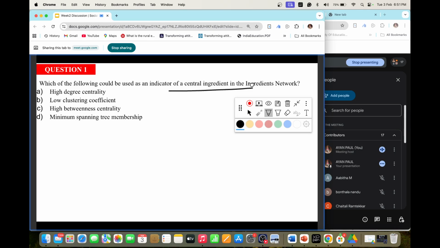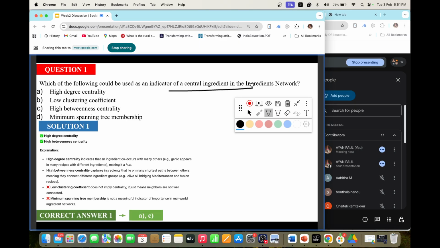High degree centrality will be there, and I think low clustering coefficient. Sorry, high betweenness centrality. Okay, so which of the following could be used as an indicator of the central ingredient in the ingredient network?